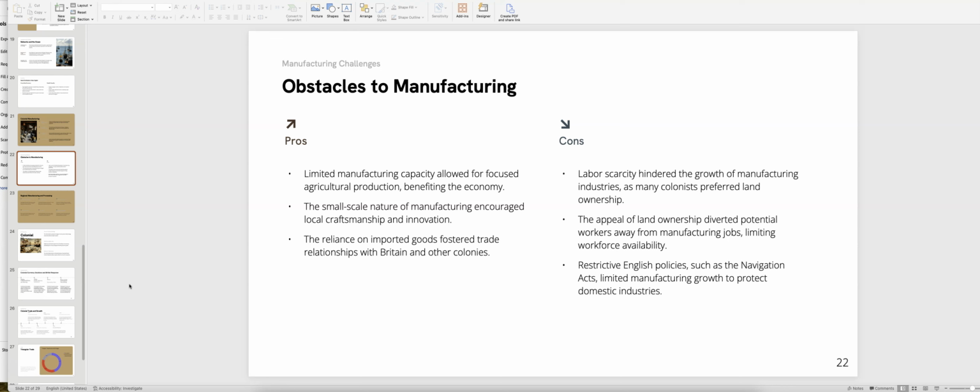That they want to stop the manufacturing industries in the New World. And so England is going to do things like pass the Navigation Acts. And again, they're going to do what they can to restrict finished goods being produced in the New World to create that dependency.